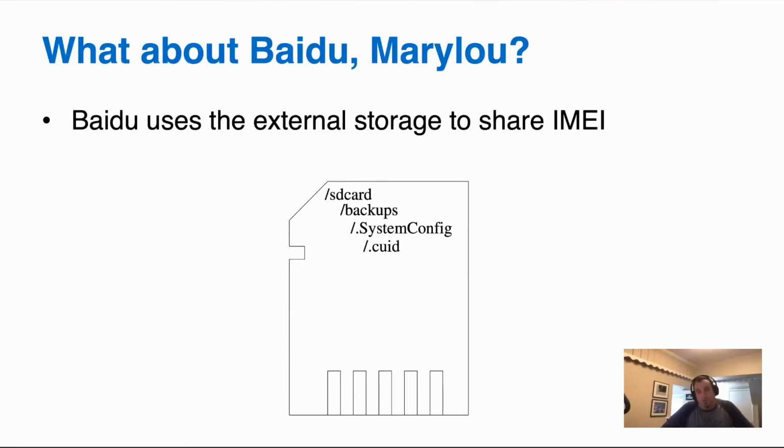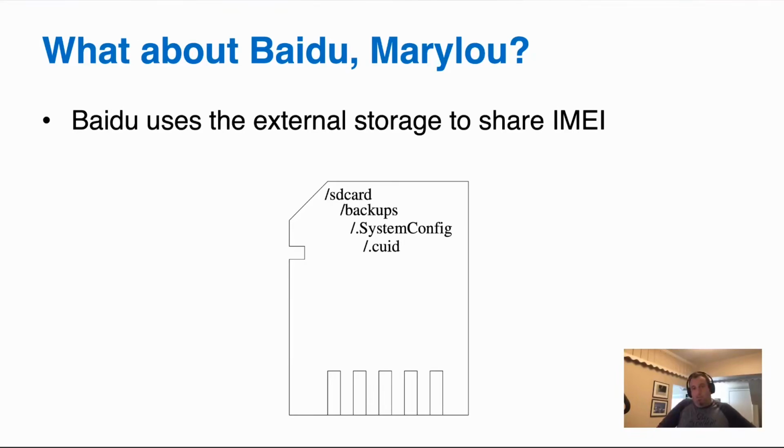Another one that we found was also using the shared file system. So here's Baidu, which is in a ton of apps. Baidu checks whether the app it's in has been granted permission to access the IMEI, which is a hardware-based persistent identifier that's not easily reset.